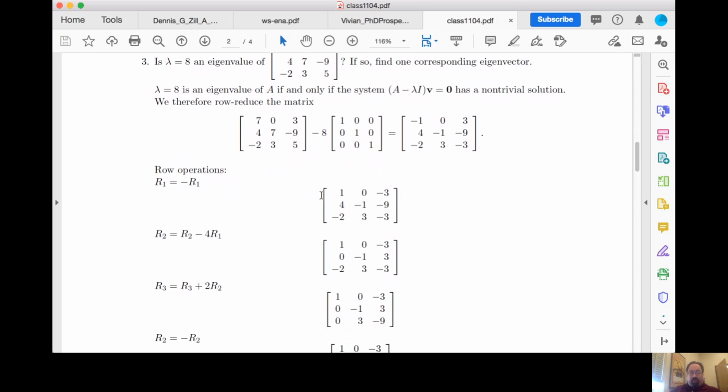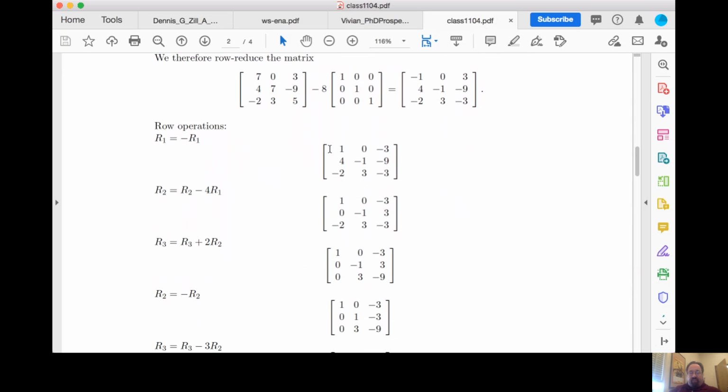So we perform row operations. First, I just negate the first row, just so I have a 1 here, just for convenience. And then I use this first row to eliminate the entries in the first column that are below it. So 4 times row 1 from row 2, and then adding twice row 2 to, I'm sorry, this is a typo.